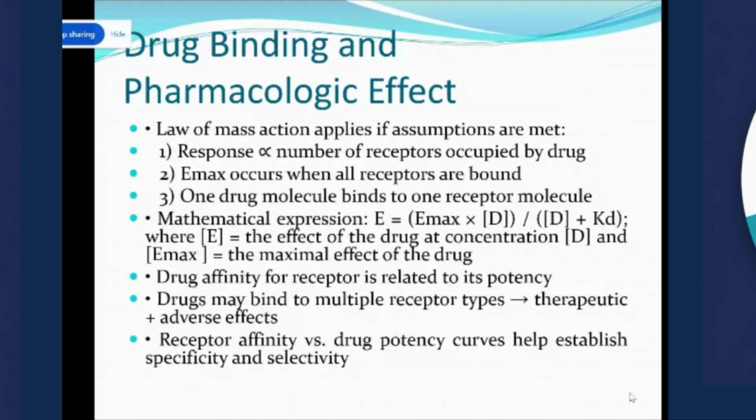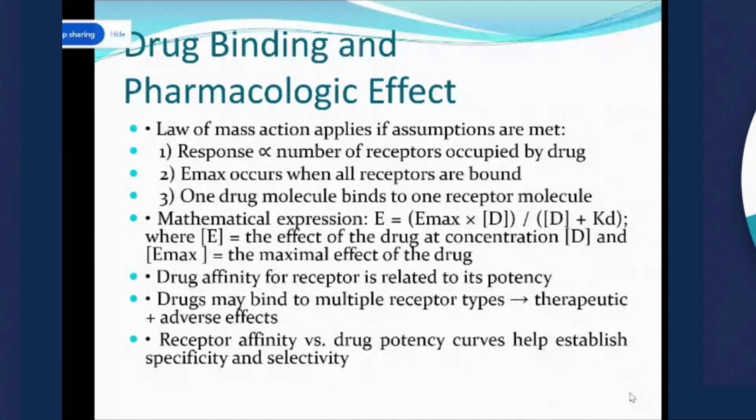We have just seen this. Emax, being the maximal effect of the drug, is achieved when all the receptors are bound. And we have just again been reminded that one drug molecule binds to one receptor molecule. Those are the assumptions in the law of mass action.